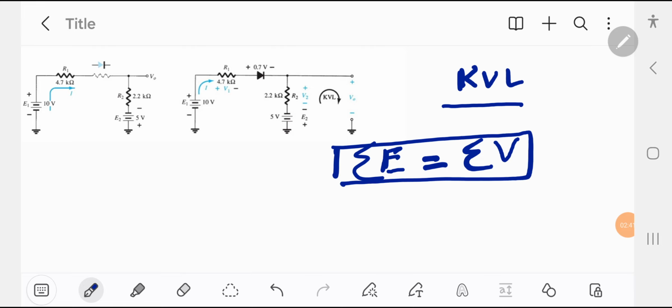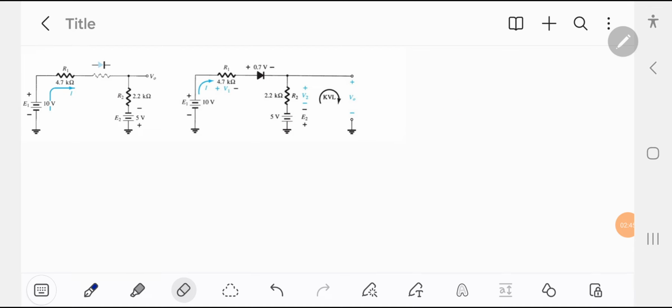So let's apply this phenomena. In this loop we have two voltage sources. One is E1 and the other one is E2.